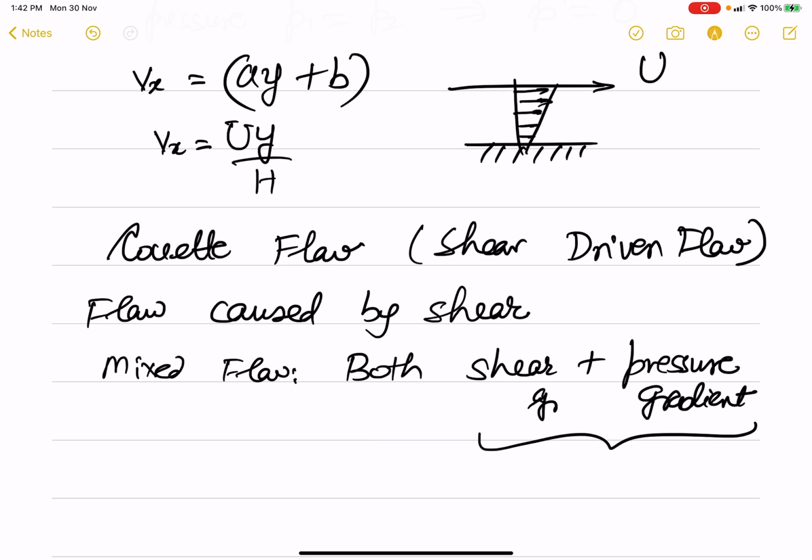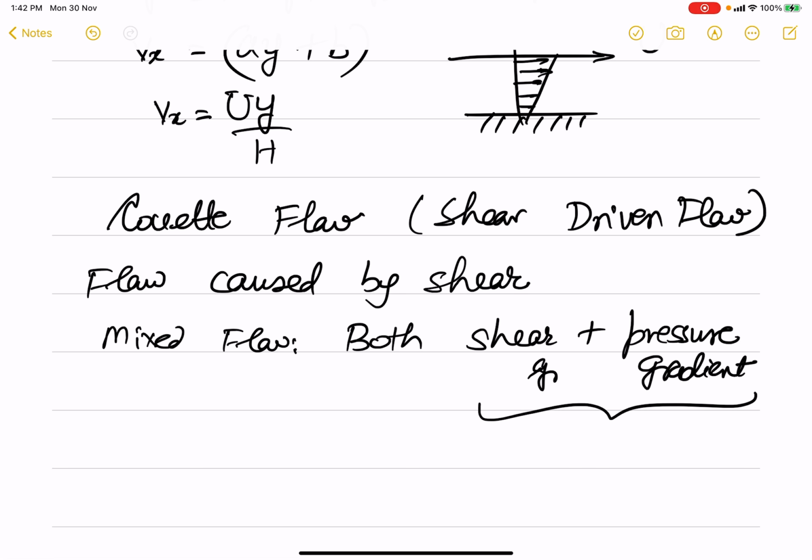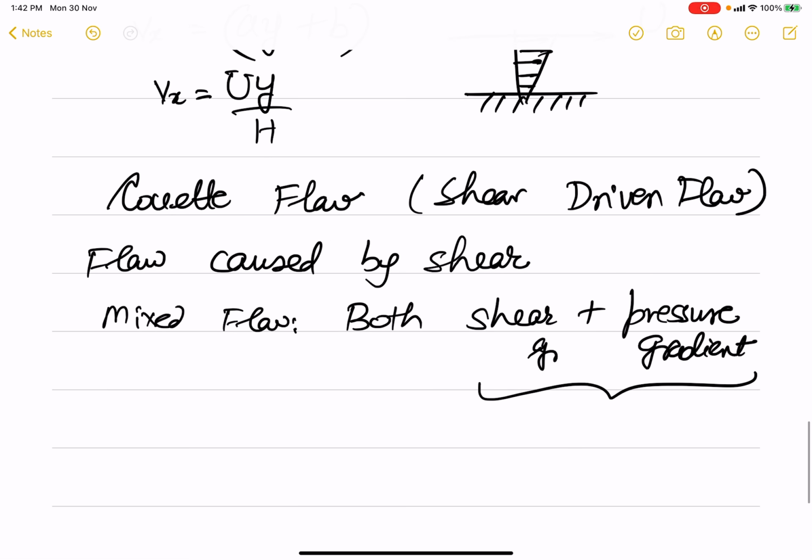You could even get a combination where the pressure gradient, let's say, is negative, shear is positive, such that overall the flow rate is zero. So that means the velocity will be moving in the forward direction for some part of the channel and in the backward direction for the other part, so as to satisfy the boundary conditions on pressure as well as shear. So this could also happen.